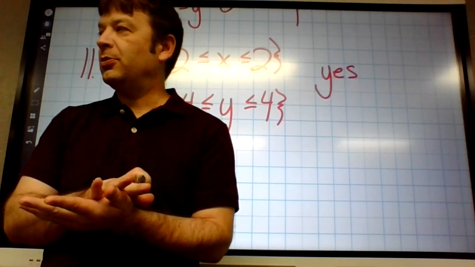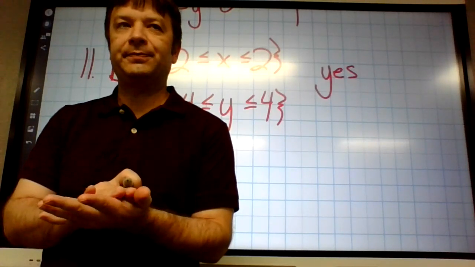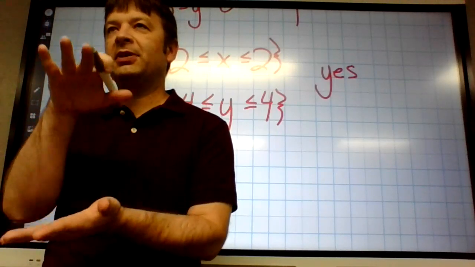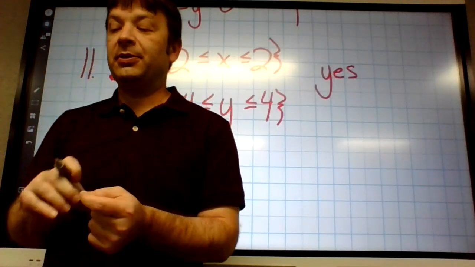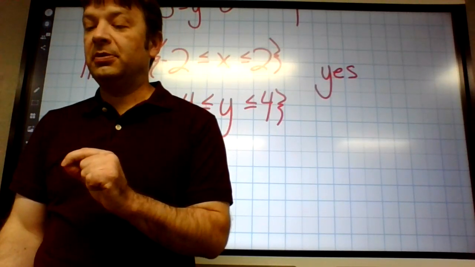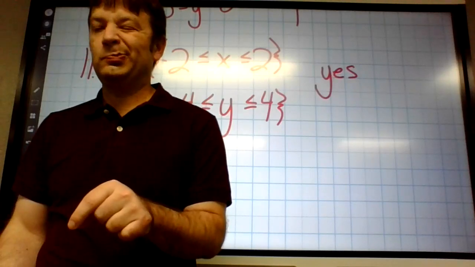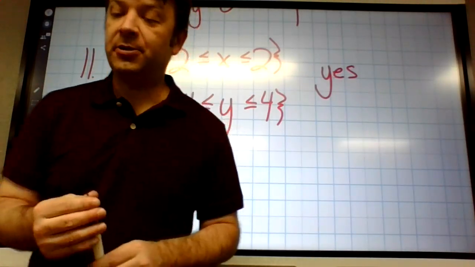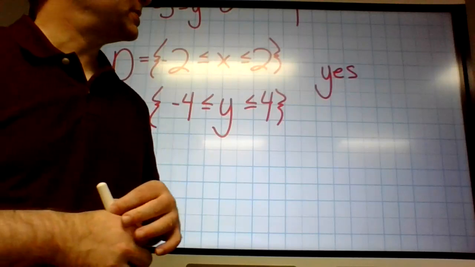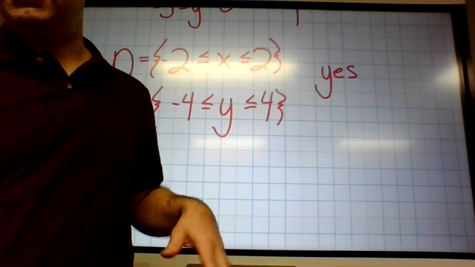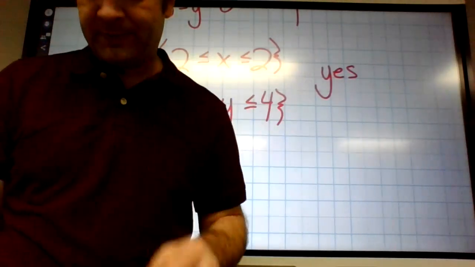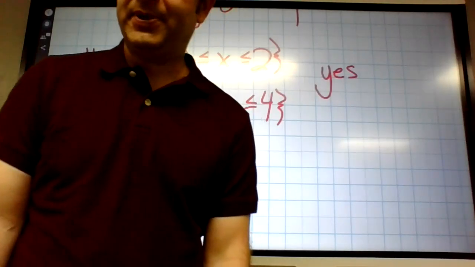What's the highest y value? 2. Are the y values between there filled in? No. So on the range, it's just 1 and 2. It's not a continuous set of points. The domain is a continuous set of points. So the range on number 10 is going to look more like the range on number 7, 8 or 9. Okay, anyways.